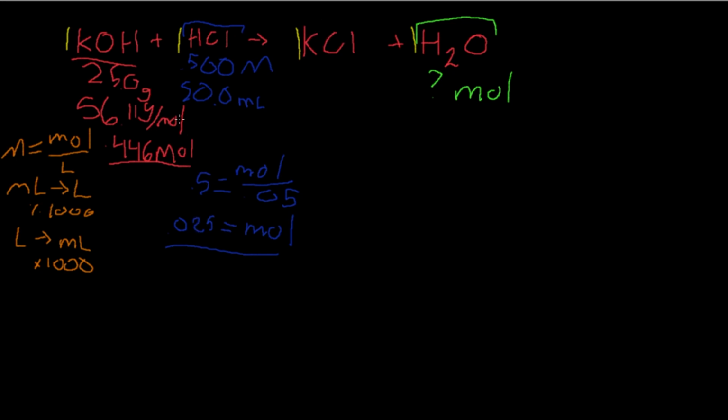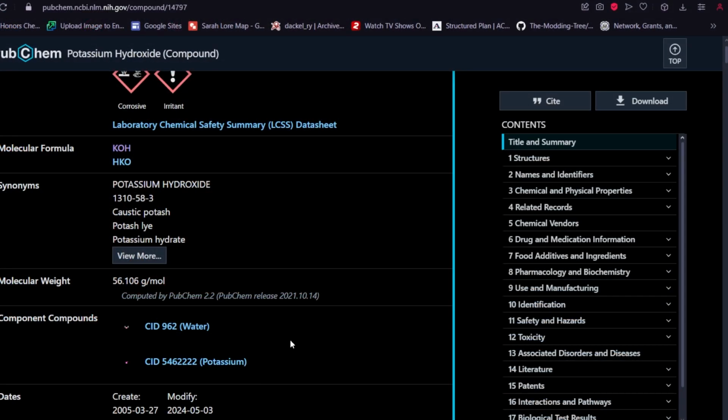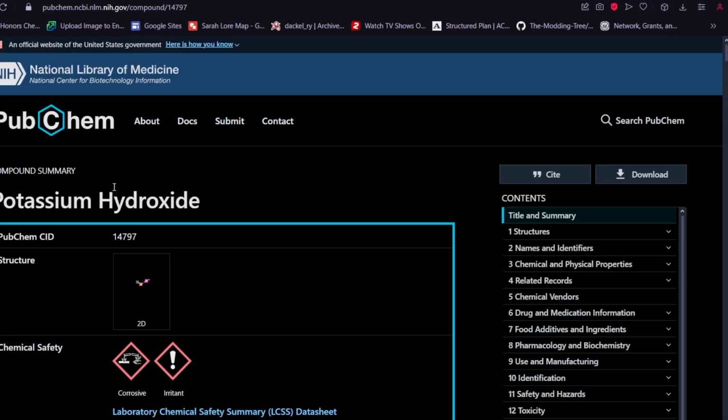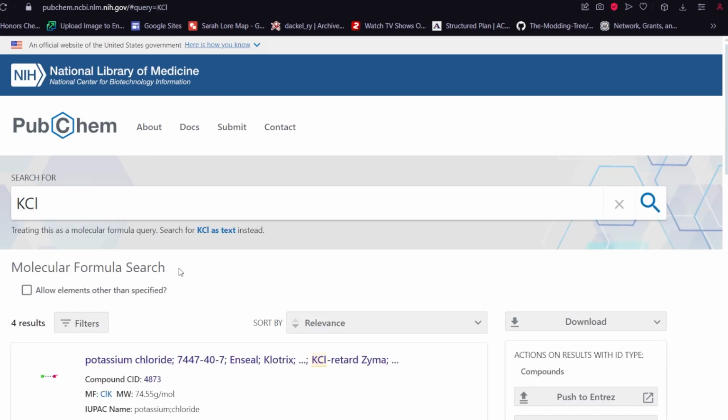So, since it's all 1, 1, 1, 1, that means what color should you use? It'll be purple. So you are going to be 0.025 moles of potassium chloride, so KCl.